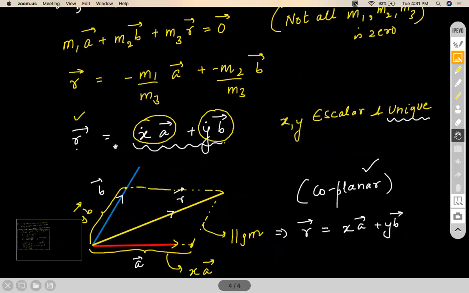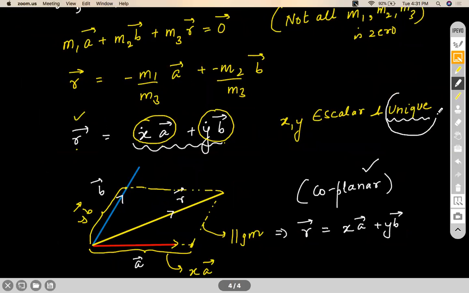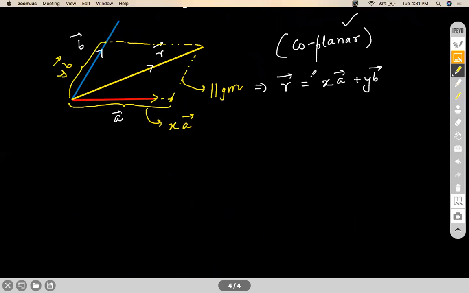Now, this is something which I claimed. What is the proof that such a combination of X and Y will be unique? See, very simple. Let me write it: uniqueness proof.